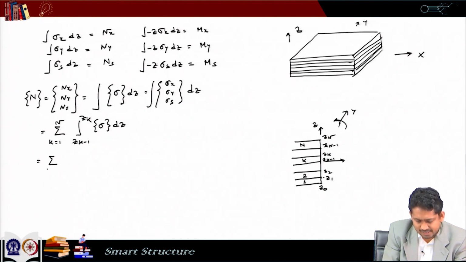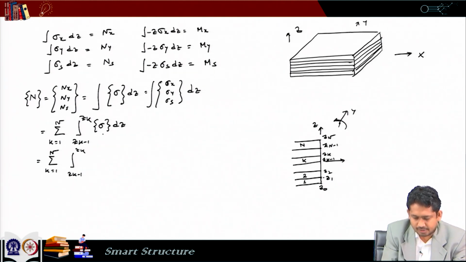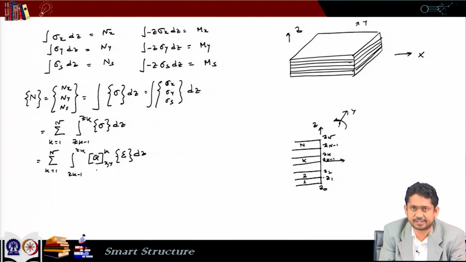Now, for the kth ply, we can write our stress as the Q matrix with respect to xy system for the kth ply multiplied by epsilon. This relation we already derived in the last lecture.